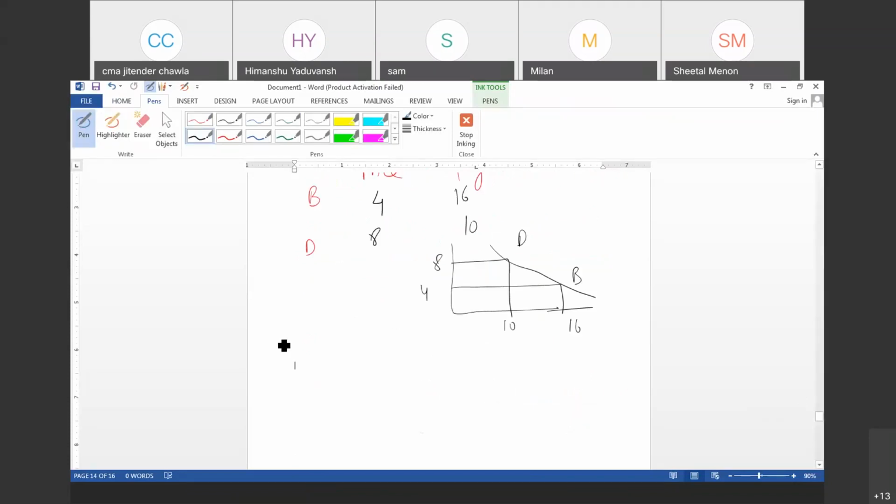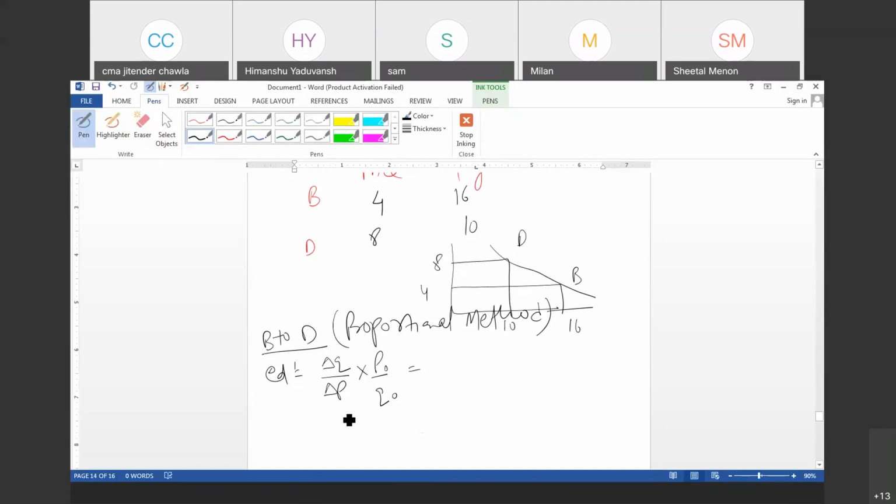Am I allowed to calculate this using the proportional method? ED is equal to delta Q by delta P into P by Q, and whenever you take P and Q, it is basically the original value.